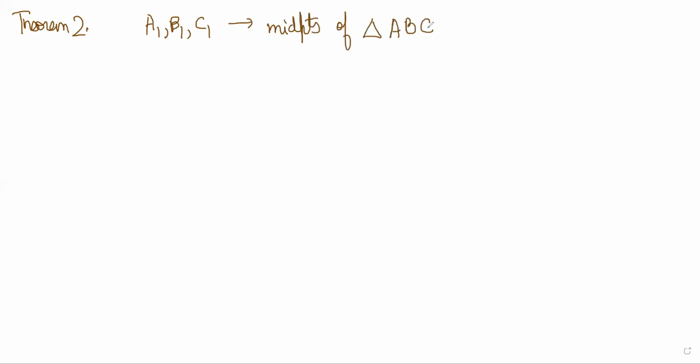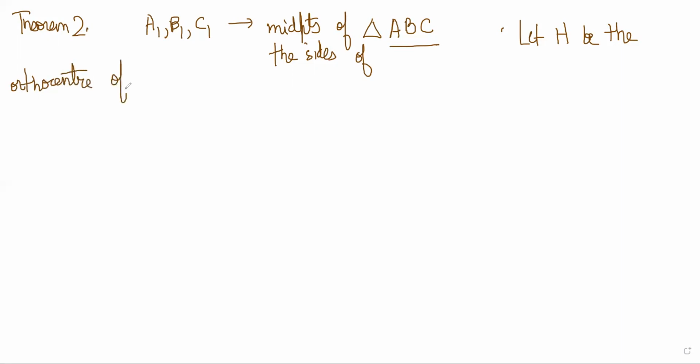The next part says theorem 2. Again A1, B1, C1 are midpoints of the sides of triangle ABC. Let H be the orthocenter of triangle ABC.